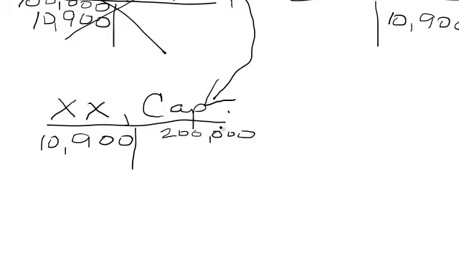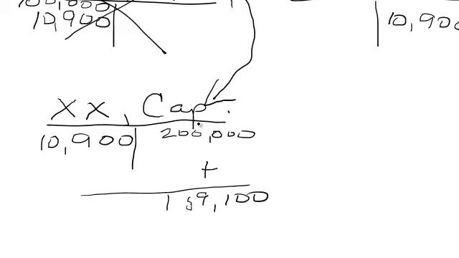Now what about the capital account? We goofed over here and put it in the wrong account. If we have a, again, make-believe balance in there, what's happening? What's the normal balance of the capital account? It's the credit side, right? Okay, so what should happen here is if we put a debit over here, that's going to lower the balance, right? That's going to be 189,100 instead of the $200,000.